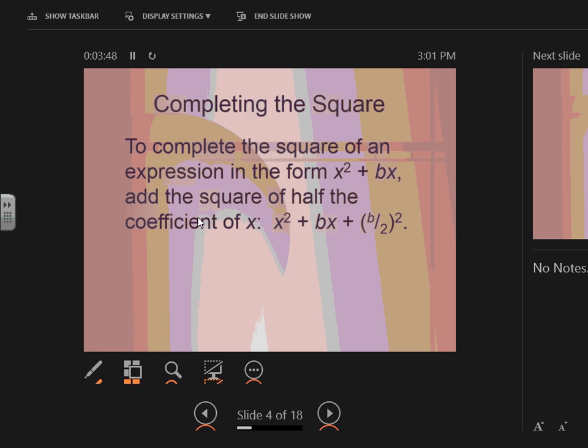The square root of 9 is 3. 3x times 2. Remember we had to double it, which was 6. So since I had to double it to get b, doesn't it make sense that if I divide by 2, I will be able to square it and get that? If this was a 6x, couldn't I divide it by 2 and get 3? And then what's 3 squared? Do you see how it works both directions? That's what's happening here.